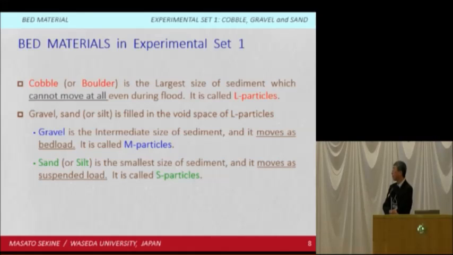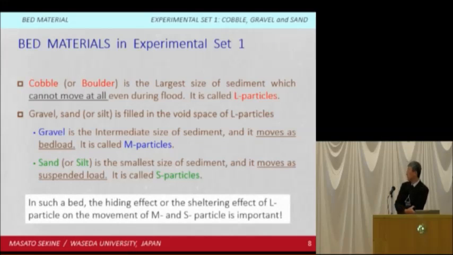And sand or silt is the smallest size of sediment in this experiment, and it moves as suspended load. We call this the S particle today. In such a bed, the hiding effect or sheltering effect of large particles on the smaller particles' movement is very important, maybe as you already know.